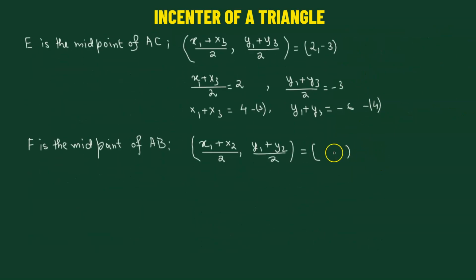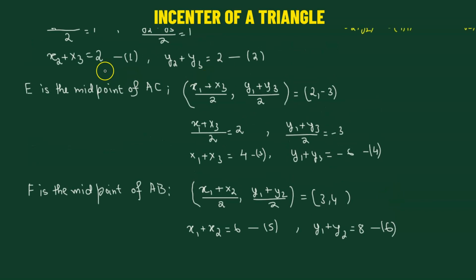Okay, we'll substitute 3, 4 here and solve this to get two equations: x1 plus x2 equals 6, which will be equation number 5, and then y1 plus y2 equals 8. So that's going to give us another equation, equation number 6.